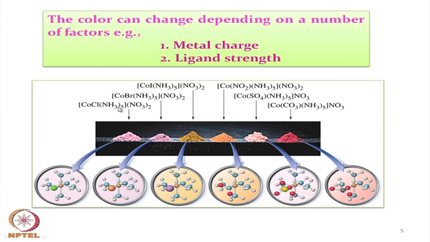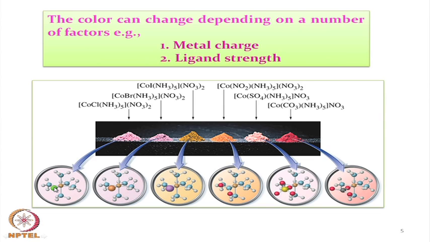So, 5 ammonia ligands are fixed, each with a nitrogen and 3 hydrogens attached. Only one particular bond we are monitoring, and due to that particular bond change, we see a drastic variation in the color, from light pink to reddish compound. We are giving all 6 compounds due to the change of one particular ligand.